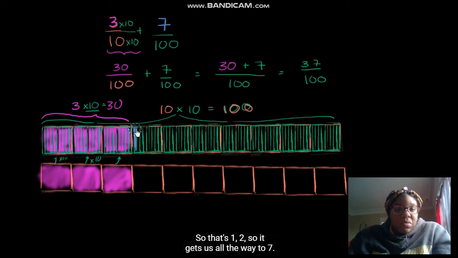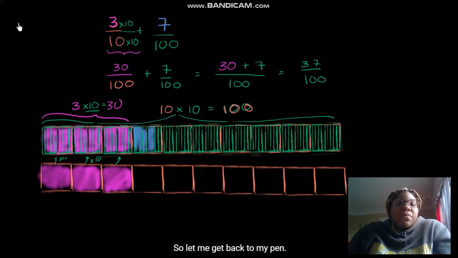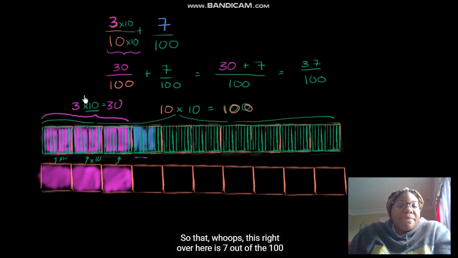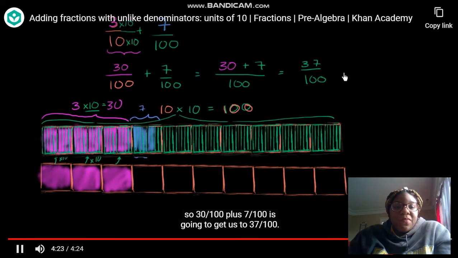So that's 1, 2, 3, so it gets us all the way to 7 hundredths. So let me get back to my pen. This right over here is 7 out of the 100. So 30 hundredths plus 7 hundredths is going to get us to 37 hundredths.